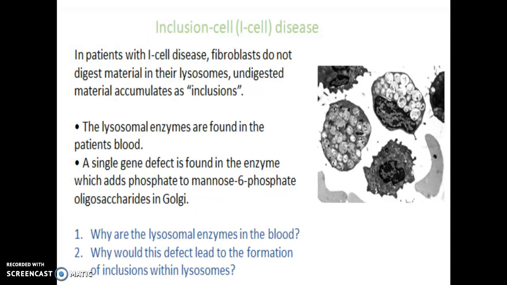So here's another good question. In some lysosomal storage diseases, we see proteins that get stuck in the lysosome and don't get degraded, and we see that the enzyme that normally modifies sugars, the enzyme that adds phosphate to mannose 6-phosphate oligosaccharides in the Golgi, is found in the blood of people who have this lysosomal storage disease.